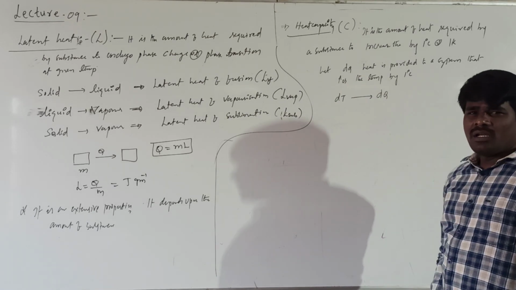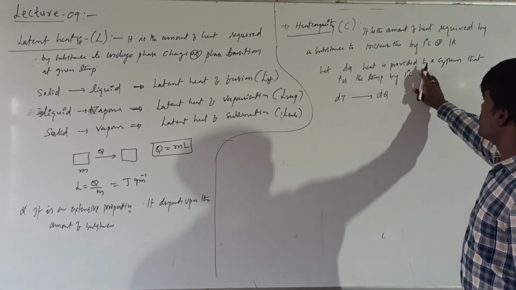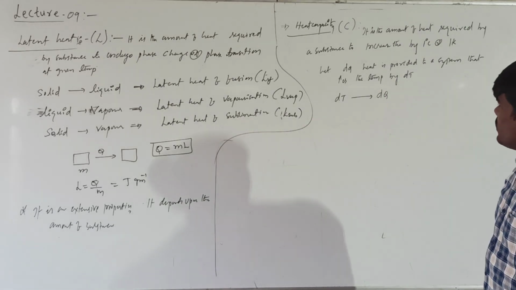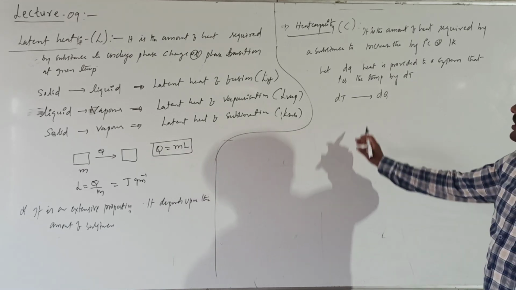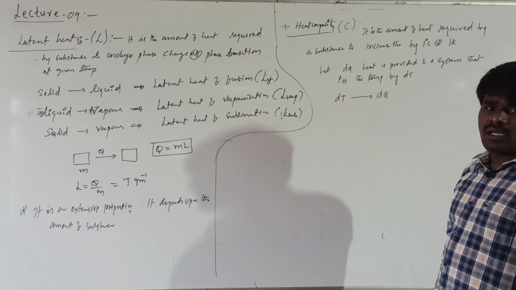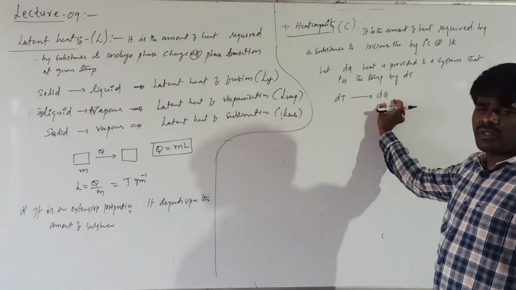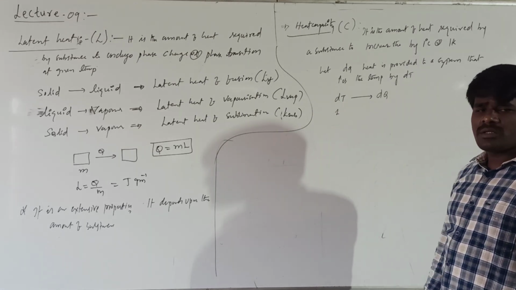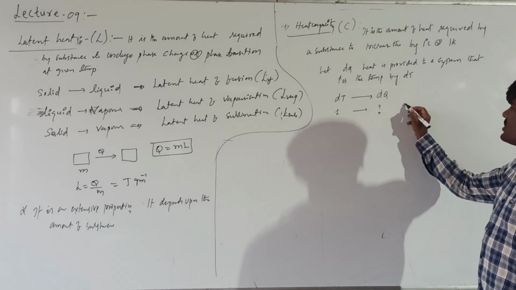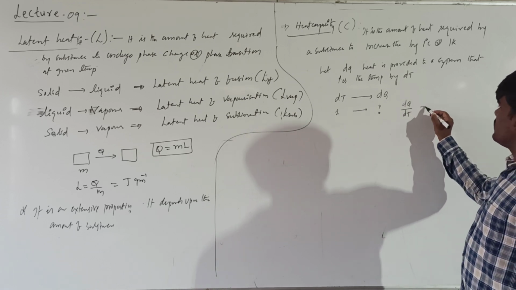When you provide a small quantity of heat dq, there is a small increase in temperature. In order to increase this much temperature, dq heat is required. If you want to increase the temperature by 1 degree Celsius or 1 Kelvin, how much will be required? This will be equal to dq by dT.